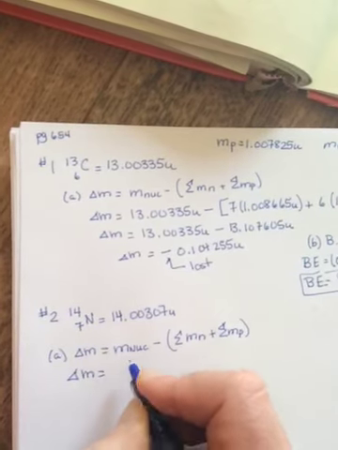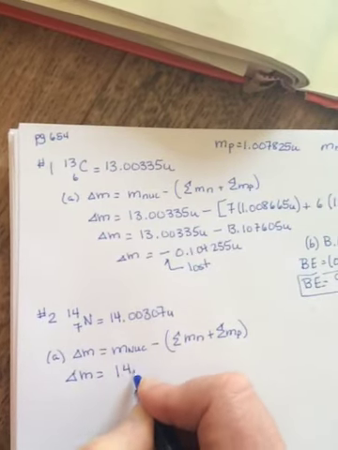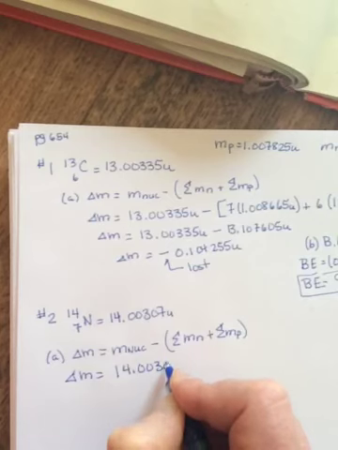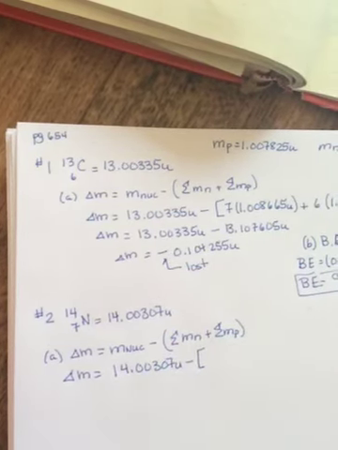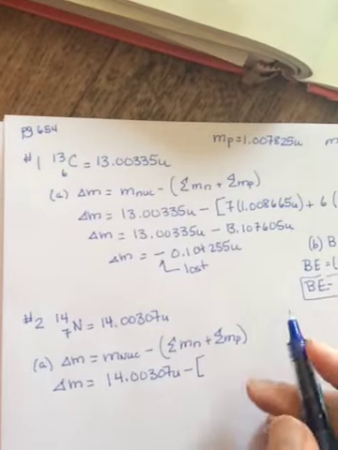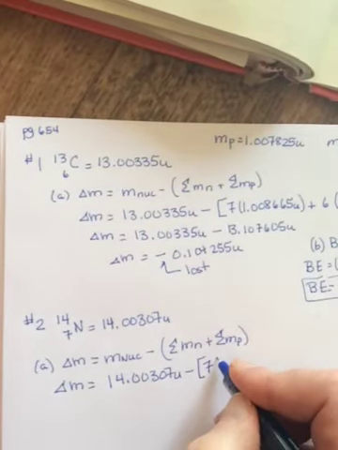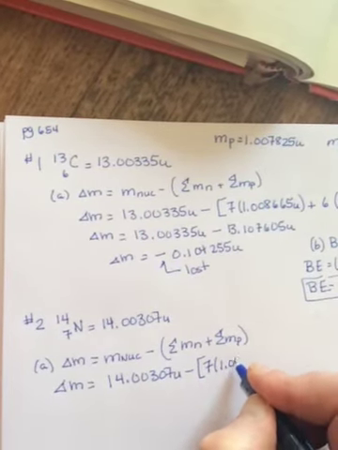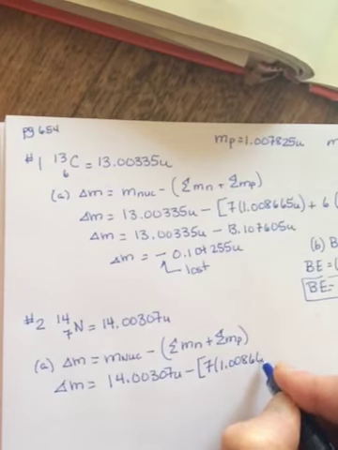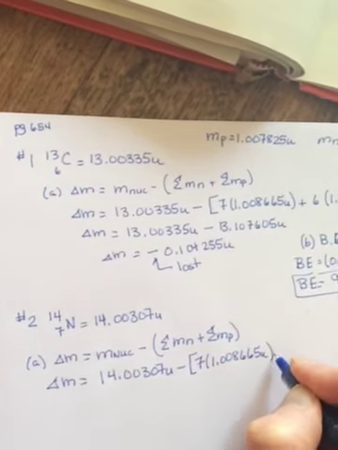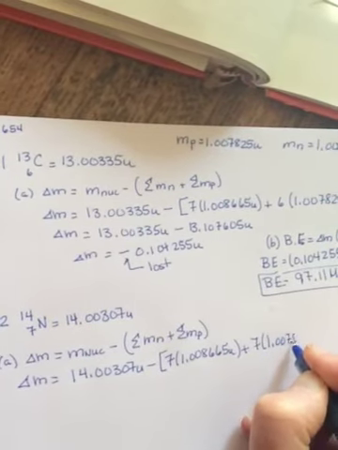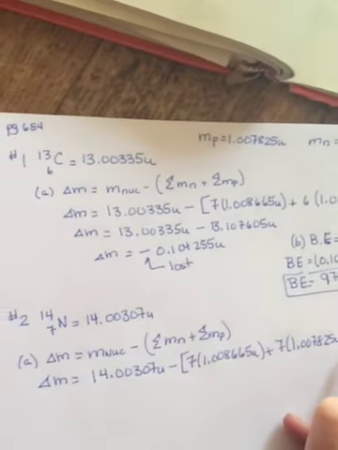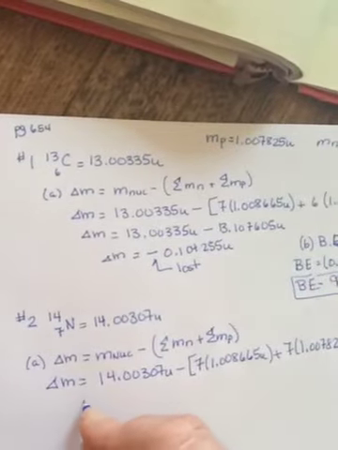So the mass defect is equal to that 14.00307 U's minus brackets. In this case, there's 7 protons and 7 neutrons, so 7 times 1.008665 plus 7 times 1.007825. So close the other bracket.